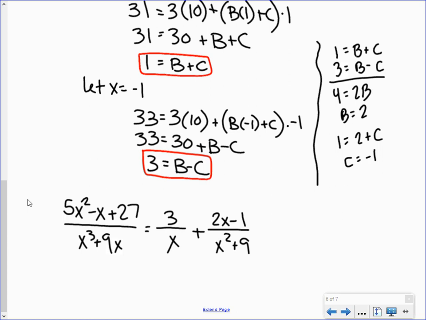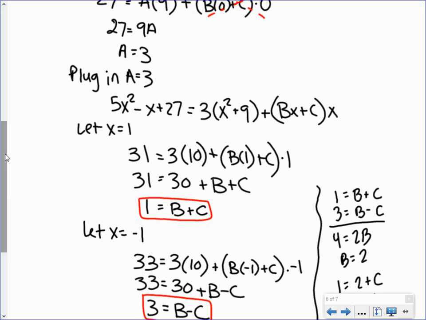In Abby's method, if I go back up to that line before we went back to choosing random x's, right here, we could have said 5x squared minus x plus 27 is equal to 3x squared plus 27 plus bx squared plus cx. I'm just distributing.